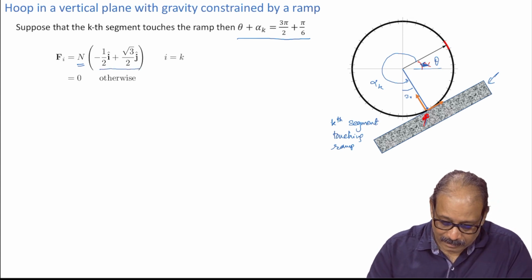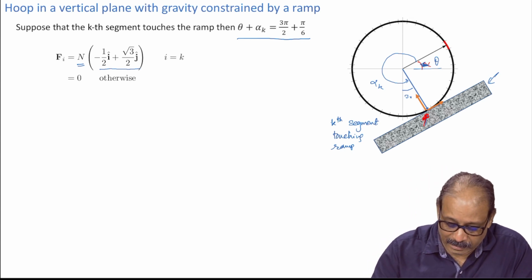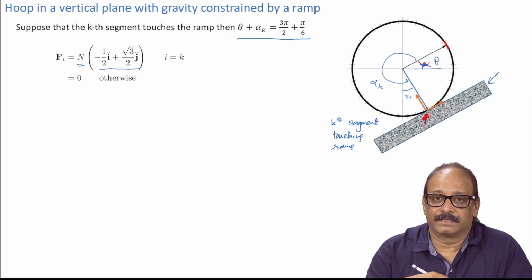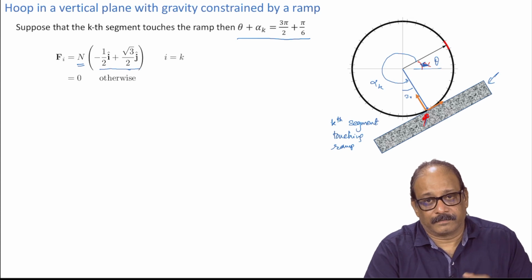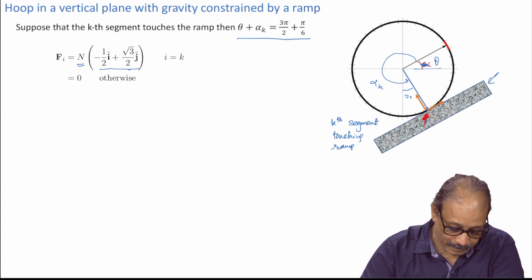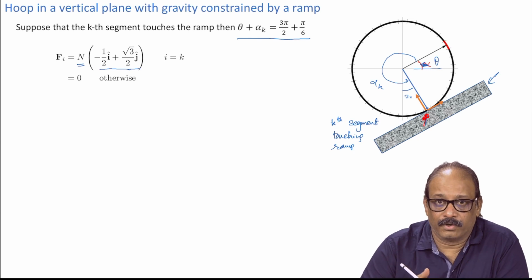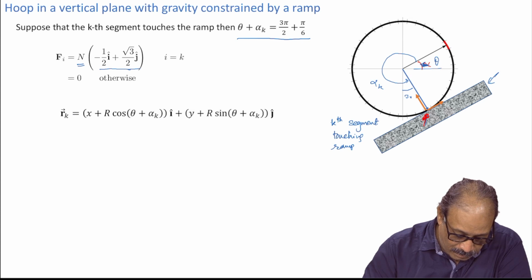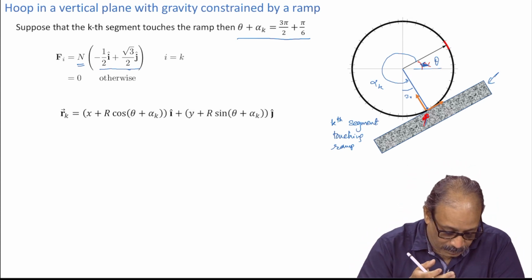Direction is nothing but, for this angle, a minus cos of 30, minus sine of 30 degrees, and the y component will be cos of 30 degrees. Okay. So, we know this direction. Now, let us write down the generalized force for this normal reaction, or express this normal reaction as a generalized force.